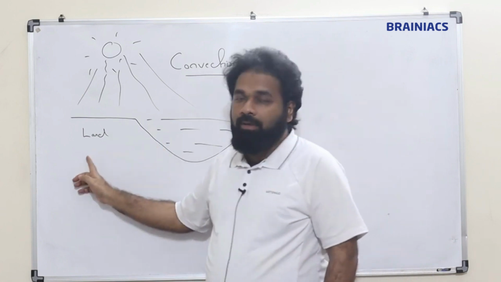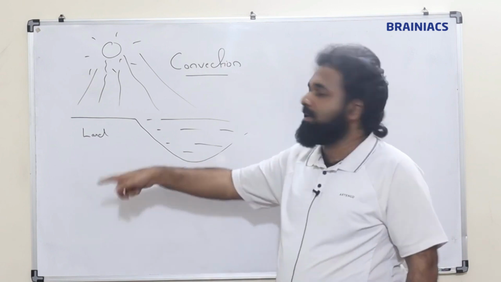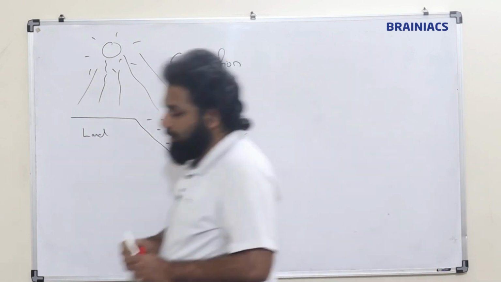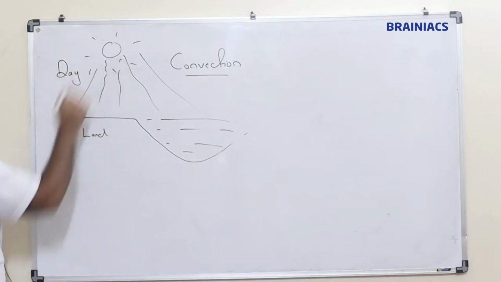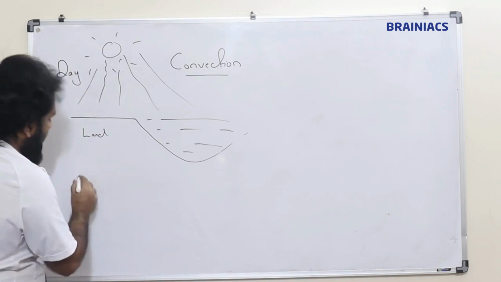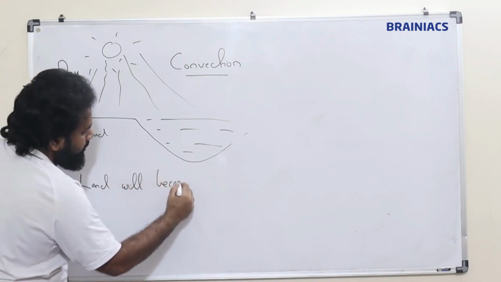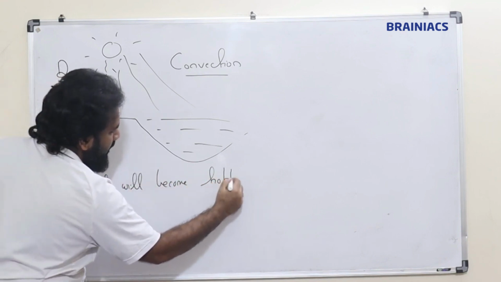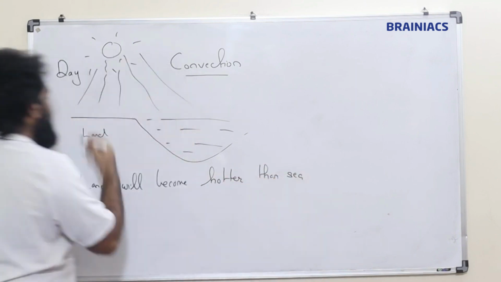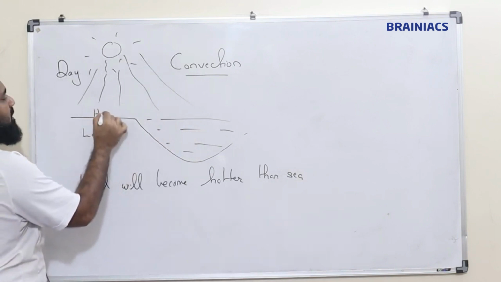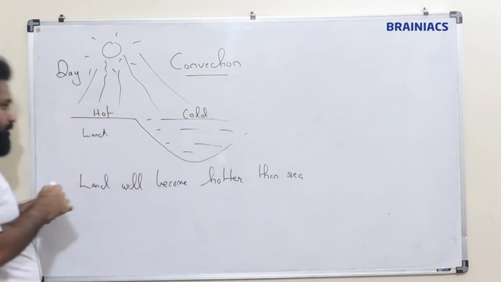The specific heat capacity of land is less compared to water. We are assuming daytime sun's rays. Land will become hotter than sea. So during daytime, this is going to be hot compared to the water.